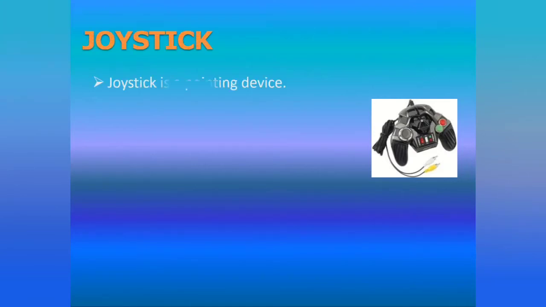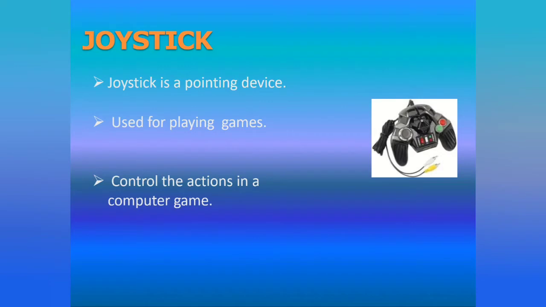Next we are going to see the joystick. Nowadays, the usage of the joystick has been reduced due to the tremendous growth in the computer field. But it was also considered a pointing device, and the device was mostly used in certain places, like for playing games.